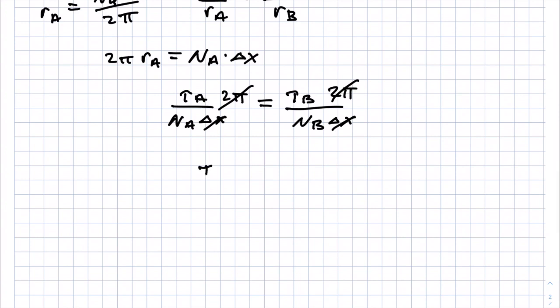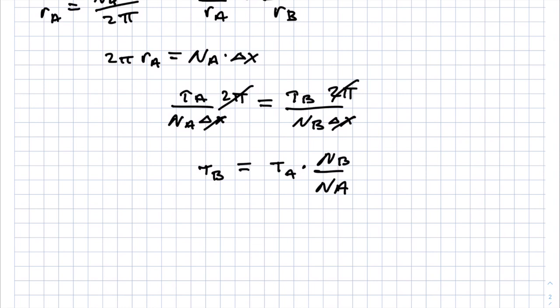So I can solve for tau B because that's the driven gear. That's going to be tau A times NB over NA.